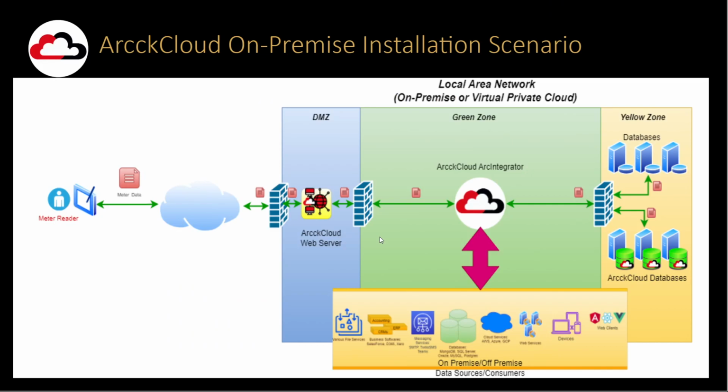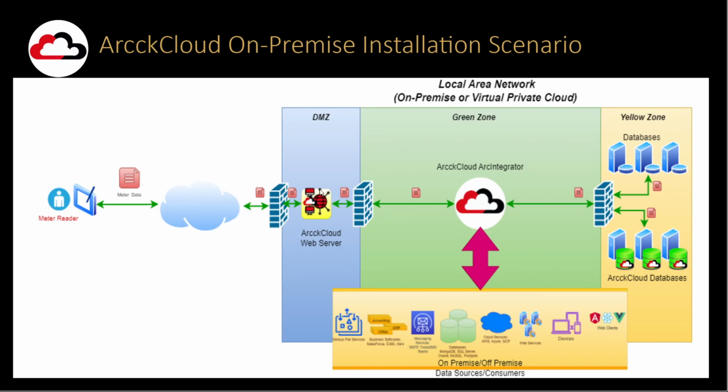An example scenario of on-premise installation is shown below. You have the ArcIntegrator installed in the green zone in your local area network, and you put the various databases behind a yellow zone secured by a firewall, so the users from the green zone are unable to access those databases.